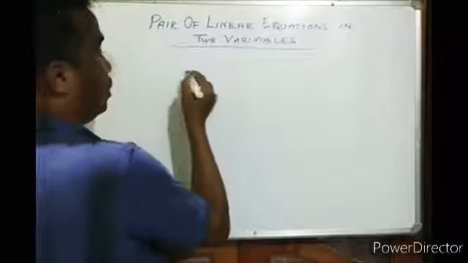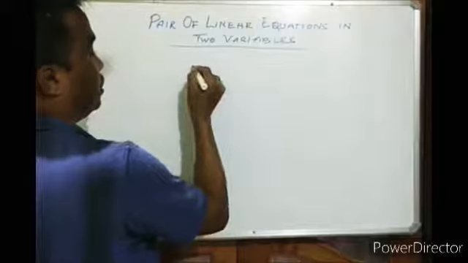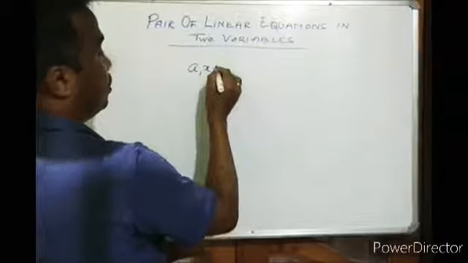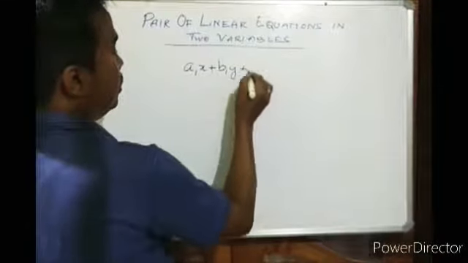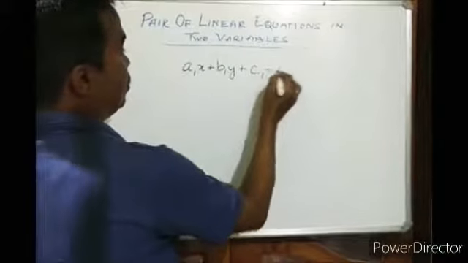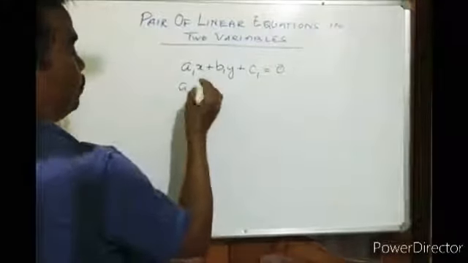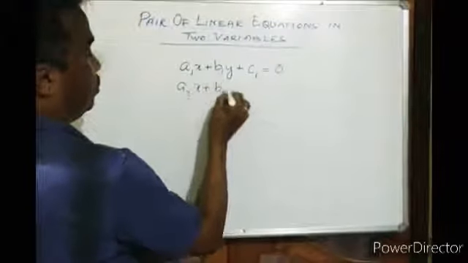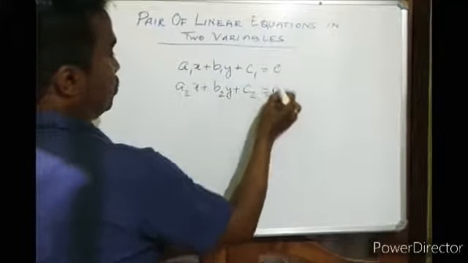We know the general form of a pair of linear equations in two variables is a1 x plus b1 y plus c1 is equal to 0, a2 x plus b2 y plus c2 is equal to 0.